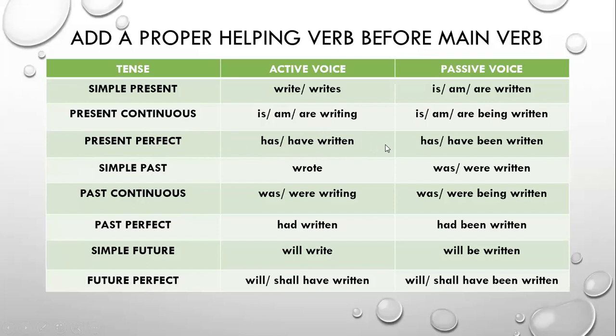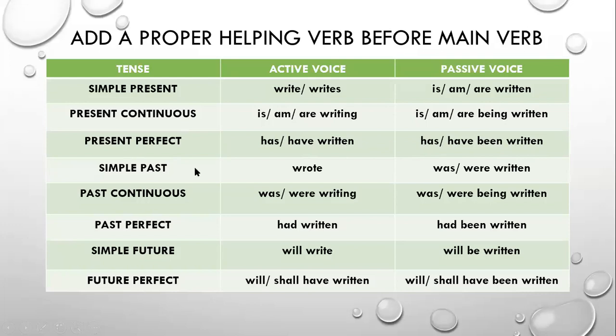So when you convert it into passive voice, it becomes has, have, been. Mr. Been comes along with has and have. Here Mr. Being came, here Mr. Been. It just accompanies has and have. And third form, okay, has, have, written becomes has, have, been written.